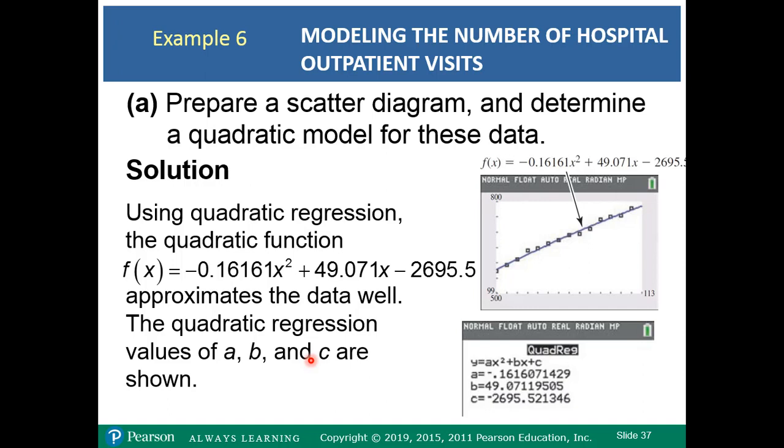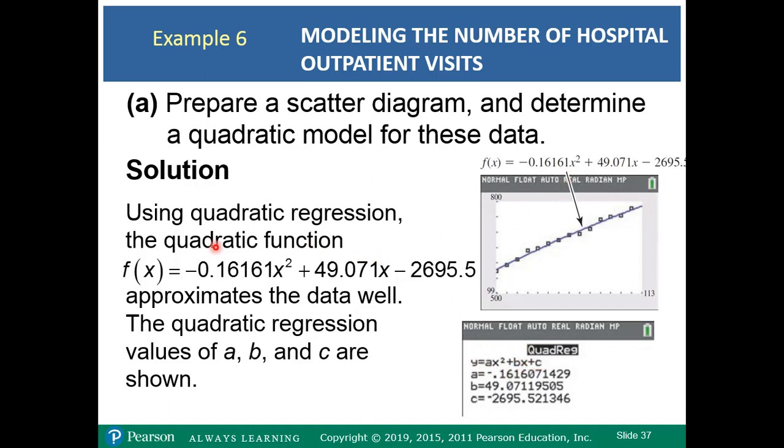So now, if we use our quadratic regression, which is under quad reg on the calculator, what you would do is go to second vars, distribution, and you'd pick quad reg, and quad reg is the one you're going to use to figure out the best fit model for the data.